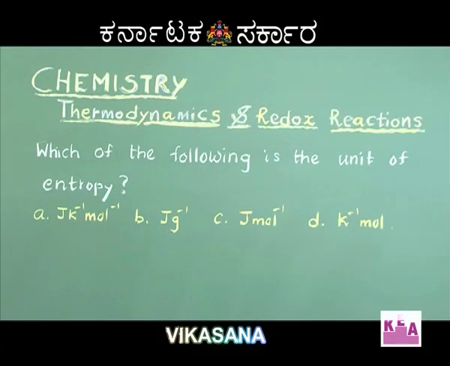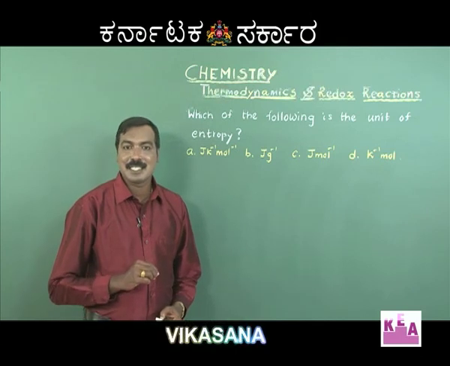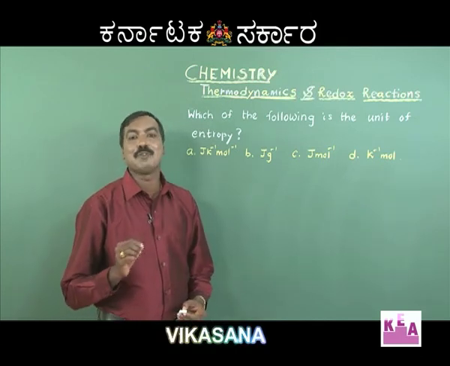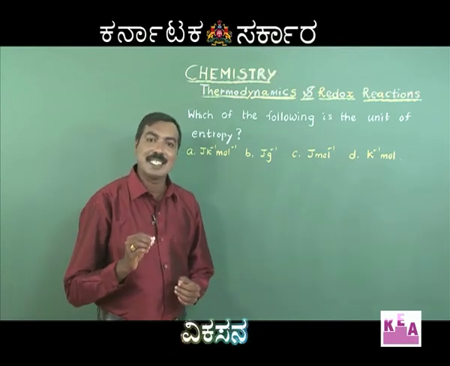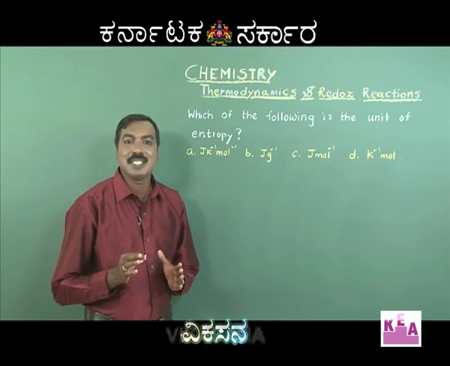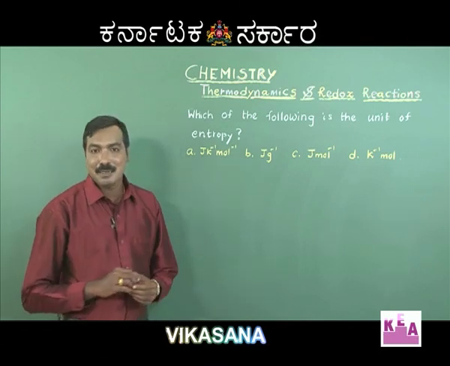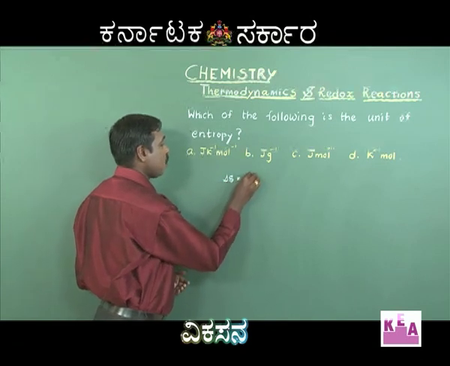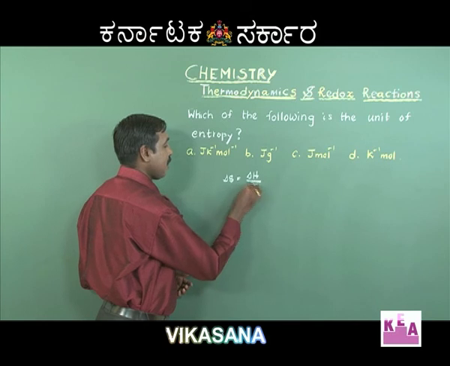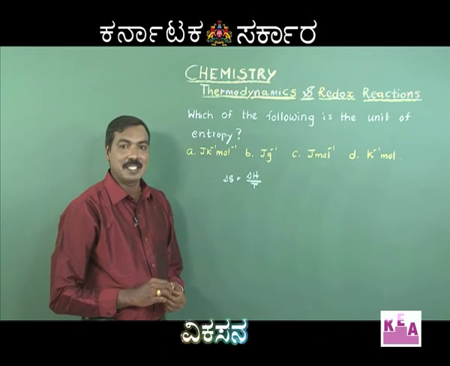Our next question: which of the following is the unit of entropy? We discussed a little while ago that entropy is defined as the disorderliness or randomness of a system. The value of entropy will tell whether the reaction is feasible, that is, spontaneous or not. Entropy is mathematically written as delta S is equal to delta H by T. We are aware delta H is the energy change, enthalpy.